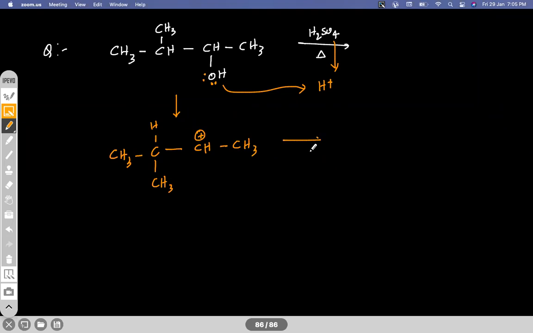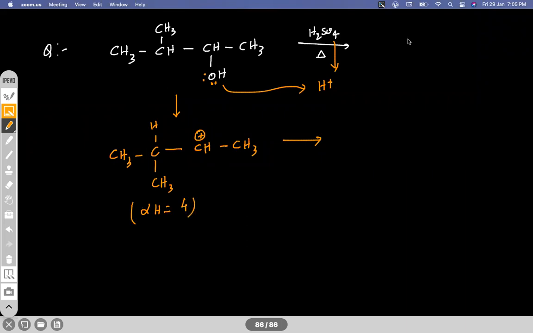Now this carbocation can rearrange in order to get a more stable carbocation. What is the number of alpha hydrogen we have here for this carbocation? 4, right?